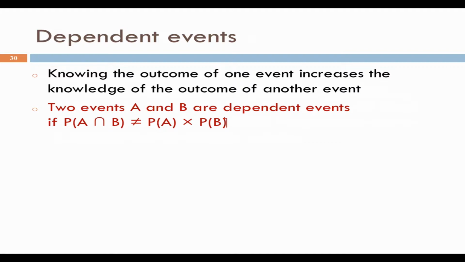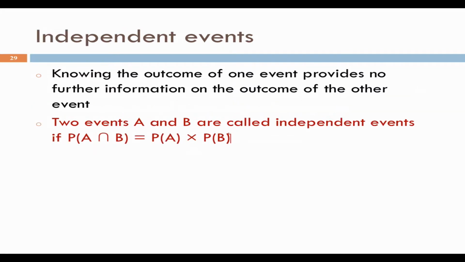So if the probability of A intersect B does not equal the probability of A multiplied by the probability of B, we say A and B are dependent. On the contrary, if the intersection probability equals the product of the two probabilities, then A and B are independent.